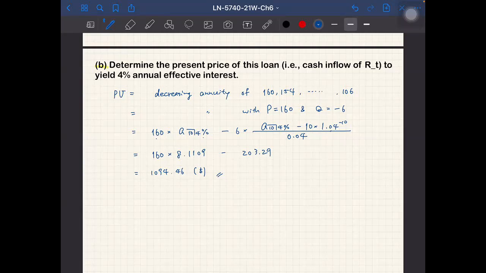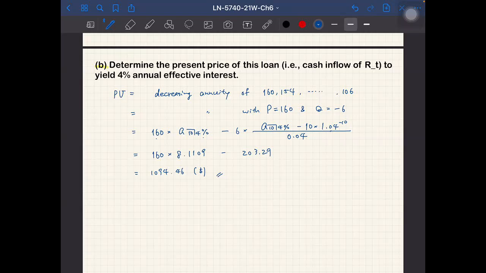The interest rate was originally 6%, so the bank charged 6% interest. Then after that, the interest rate goes down to 4%, and the bank can make a profit. The bank lent a loan at 6%, but suddenly the interest rate becomes 4%, so the bank gets some profit.